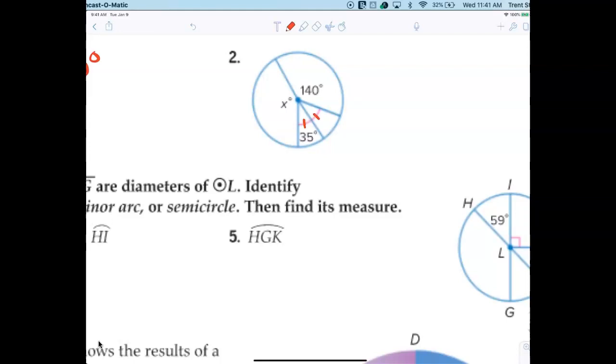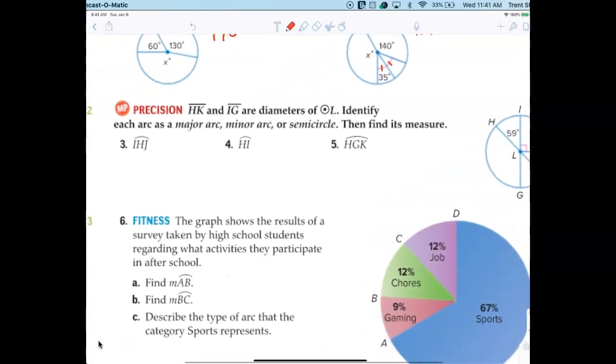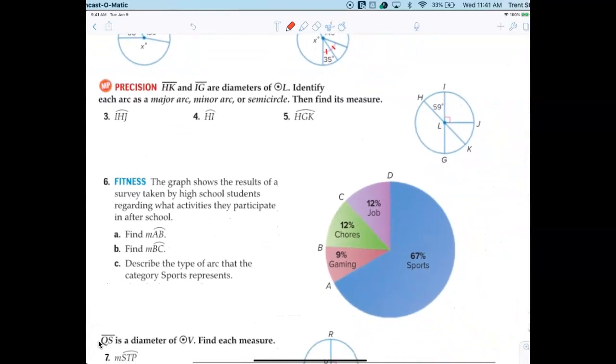Yeah, I think that's the better way to look at that. Yes, sir. So, yeah, good. 150. Thank you. And don't forget the little degree symbol.